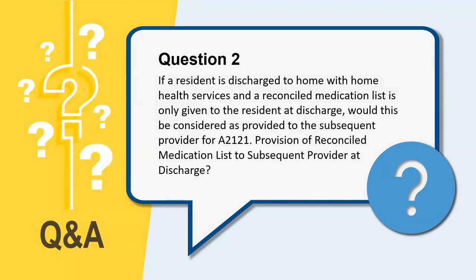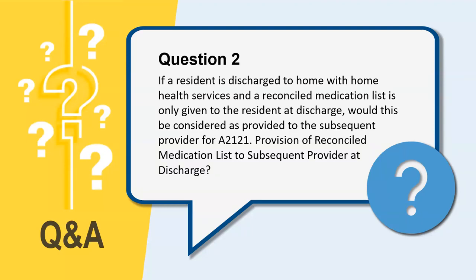No. A2121 would identify that at the time of discharge the facility provided the resident's current reconciled medication list to the subsequent provider, as listed in 02 to 12 in A2105 discharge status. So in this scenario, if the facility didn't provide a reconciled medication list to the home health agency, A2121 would be coded 0, no.